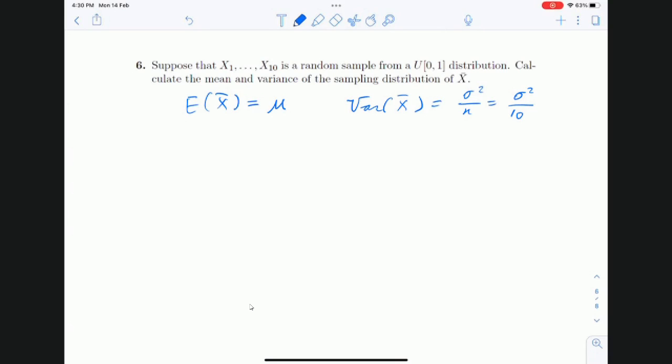And the population is uniform, so we just start from the very beginning. To find the mean, the population mean is just equal to the expectation of any random variable drawn from this distribution.